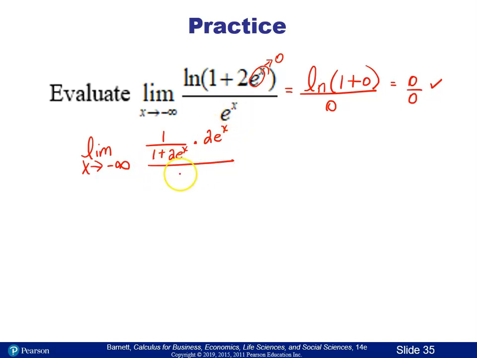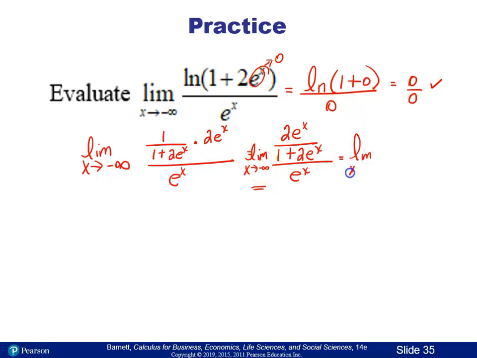And then the derivative here would be just e to the x. So I have 2e to the x over 1 plus 2e to the x over e to the x, and we've still got to take the limit as x goes to negative infinity. So we need to make sure we keep recopying that each time.